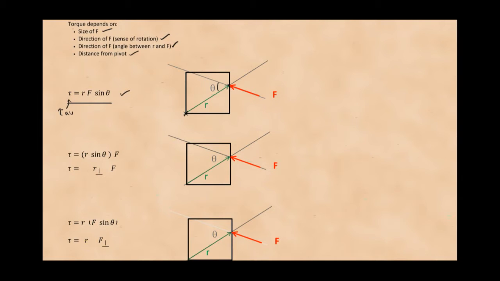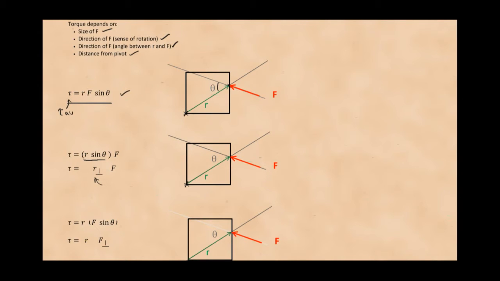So one of the ways we can look at this is we can take the sine theta and we can associate it with R. And we call that R perpendicular. Now visually, what does that mean? So same situation, I'm calculating torques about the lower left-hand corner. I have the force applied at the same spot.